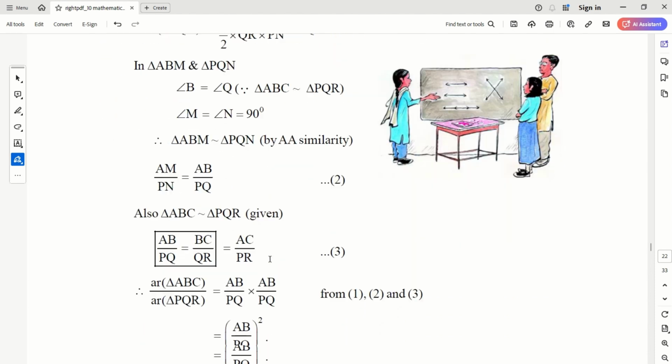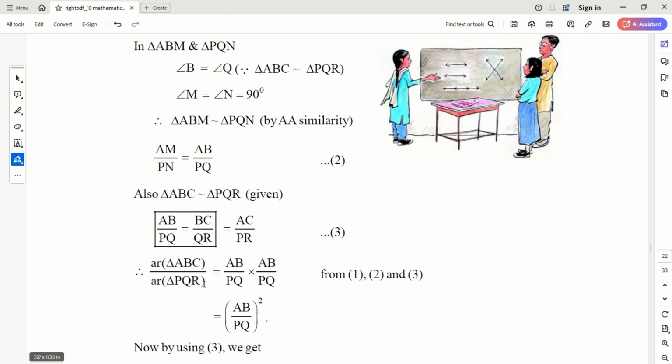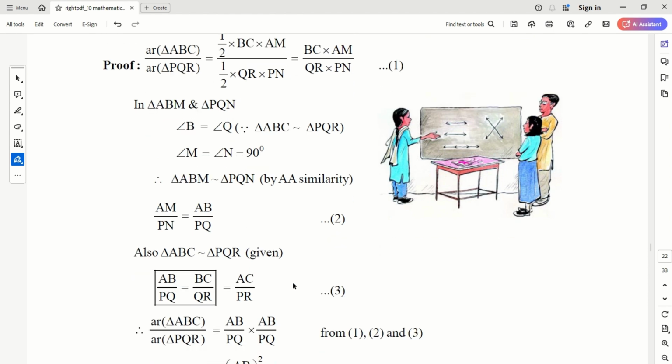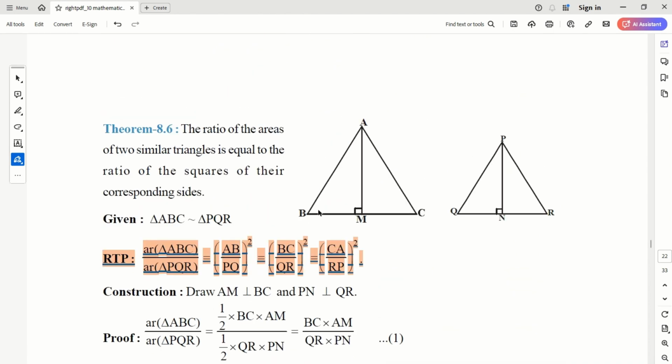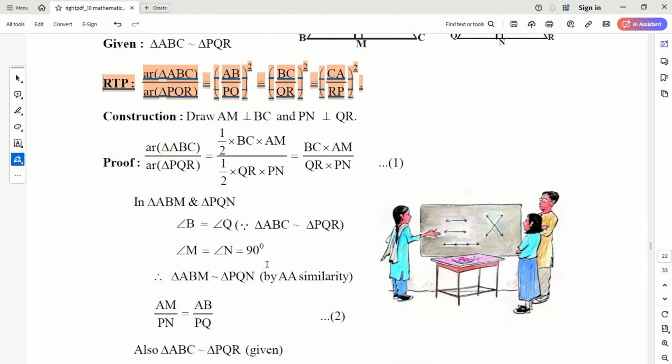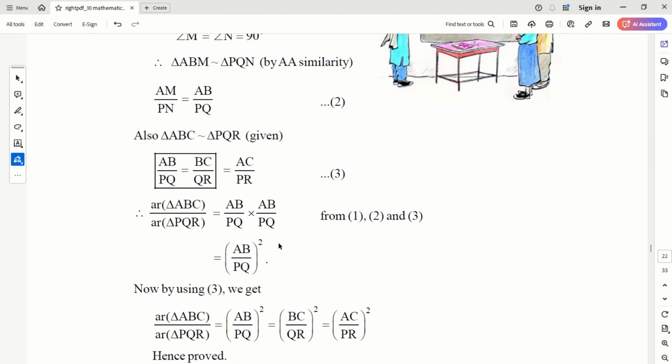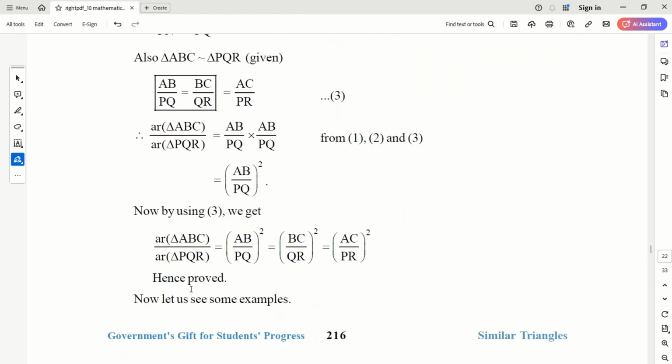So which means you will get area of ABC by area of PQR equal to BC by QR square. Or you can take the same triangle, draw a perpendicular line onto AC, you will get AC by PR square or AB by PQ square. So all the three are possible basically. Which we are trying to tell is the areas of two similar triangles is equal to the square of their corresponding sides ratio. So this is what we have proved.